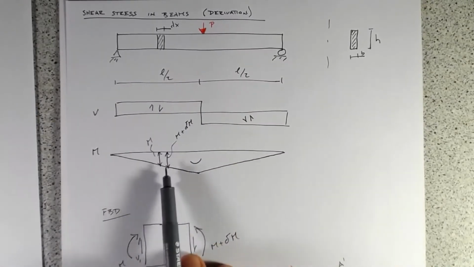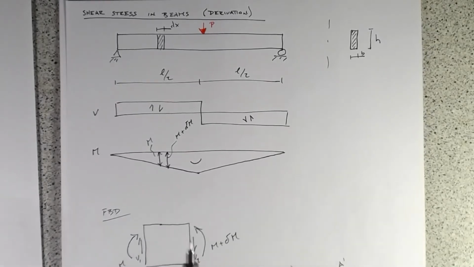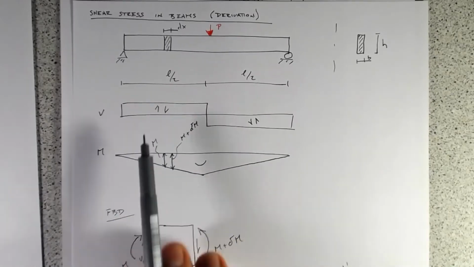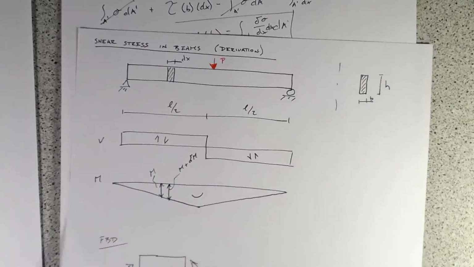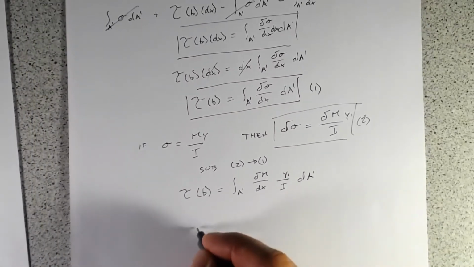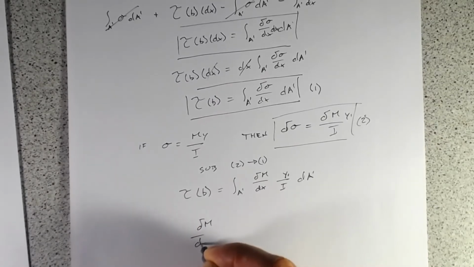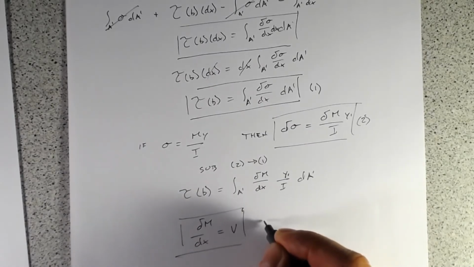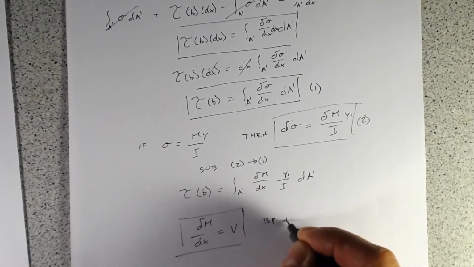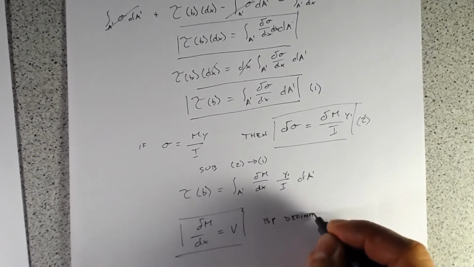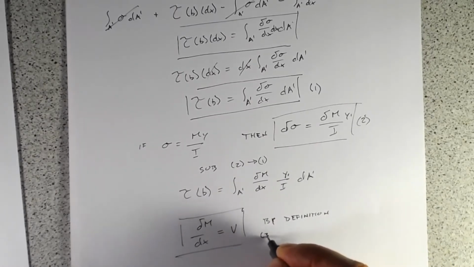The only way we can create a shear is to have a change in moment over the length. And so that means, by definition, delta M over delta x equals V. It just equals our shear at that point. And we'll call that equation 3.